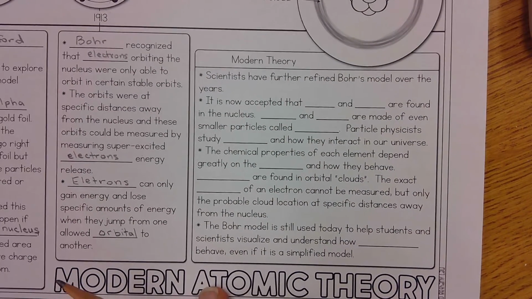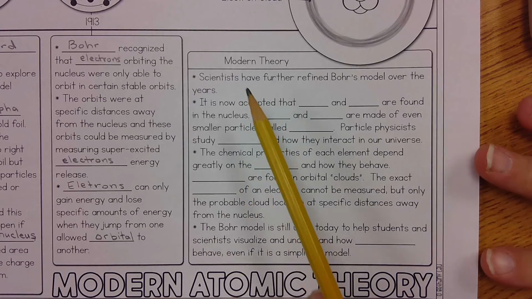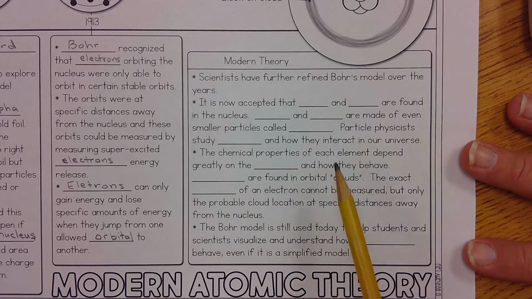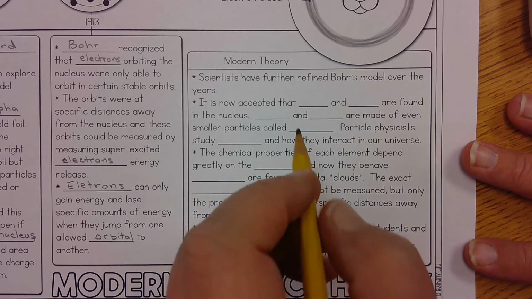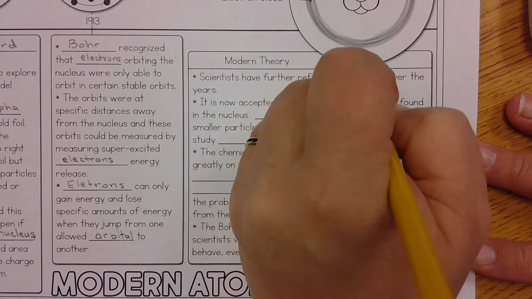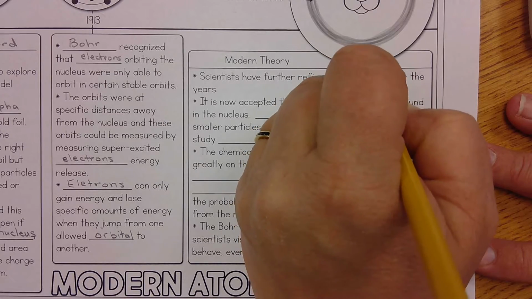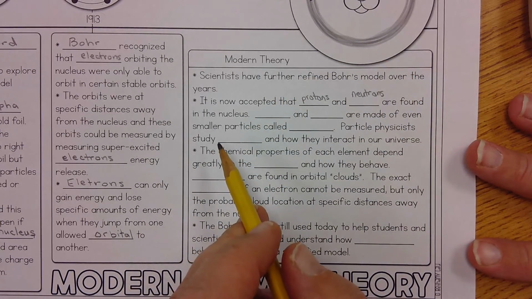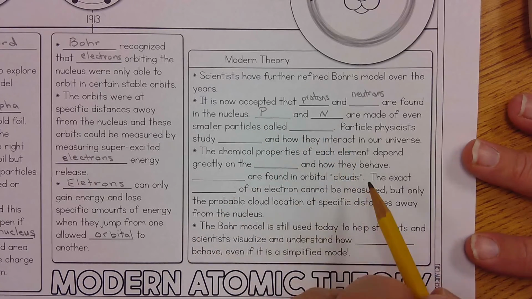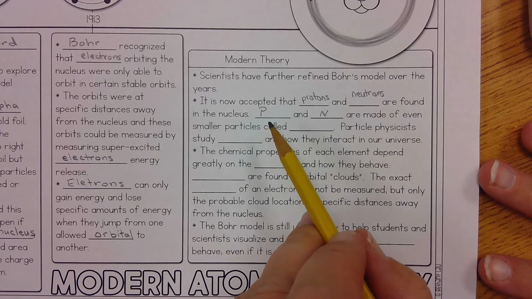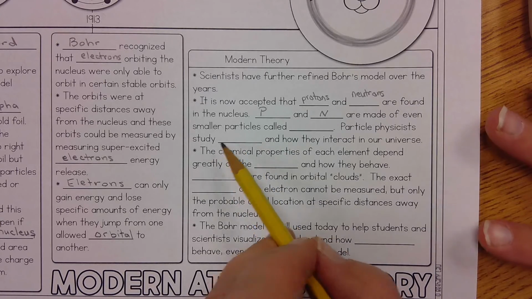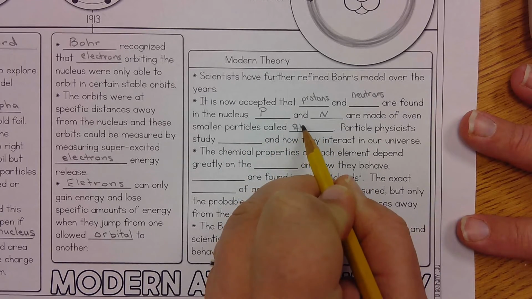And lastly, our most modern theory. Throughout the last 100 years or so, since Niels Bohr, this model has been refined. So now we know that protons and neutrons are found in the nucleus, right? I'm going to abbreviate these P and N just for space and time. Do what you like. But protons and neutrons are made up of even smaller particles called quarks.